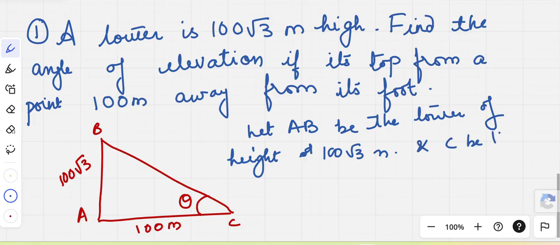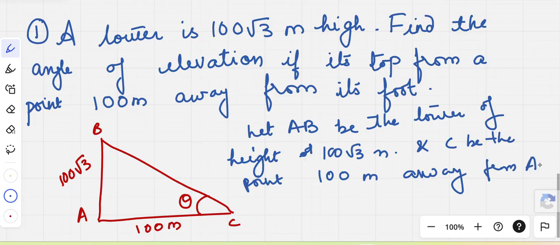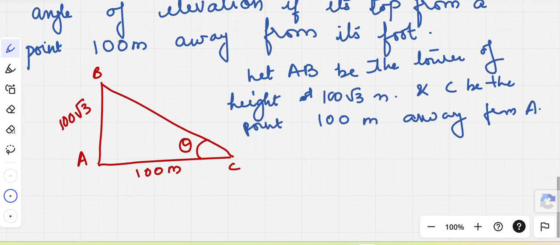And let C be the point 100 meters away from A. Anything else? That's it, right? So this is done. After that, you can start doing tan theta equal to AB by AC.